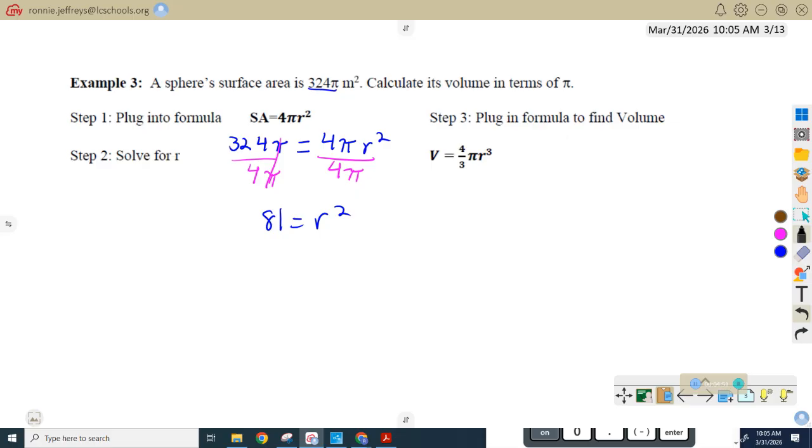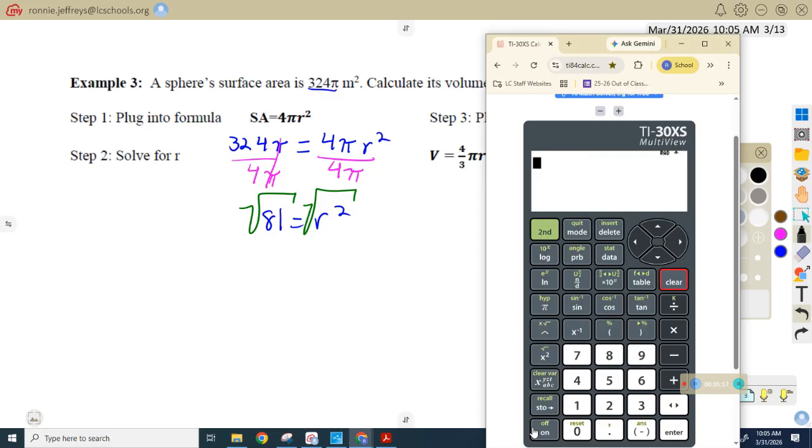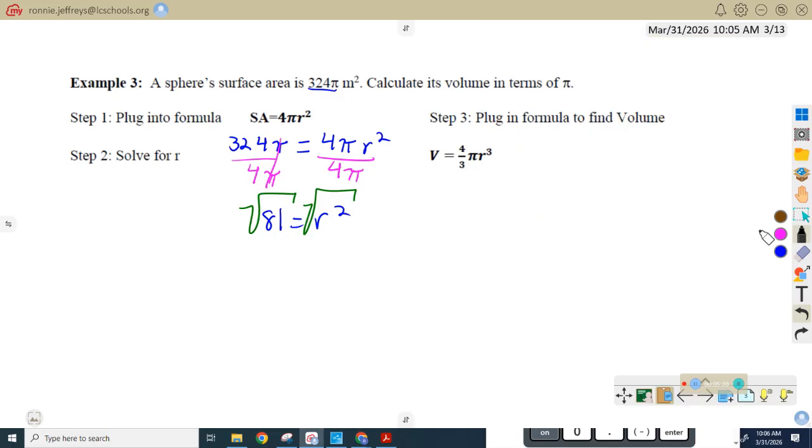Now, if a variable is squared, how do we undo a square? I think we've done something like this, it's just been a hot minute. Square root. All right, so now for a square root, you're going to hit second, x squared, the number, and then enter.